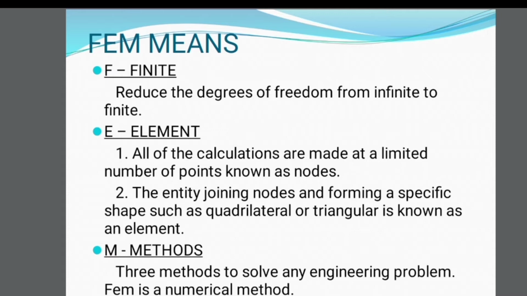For example, if the given problem has 3 elements, that means 4 nodes are there. At each node 3 degrees of freedom are there. So that means 4 into 3, a 12 by 12 matrix size is obtained. If we can't solve that much matrix manually, it is highly complicated. So you have to reduce the degree of freedom. That means the three-dimensional object can be converted into a two-dimensional one with the help of the discretization process.